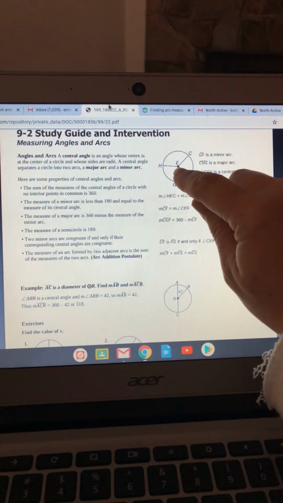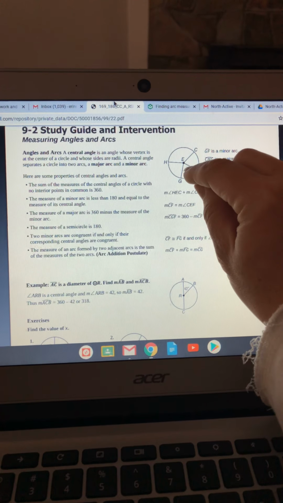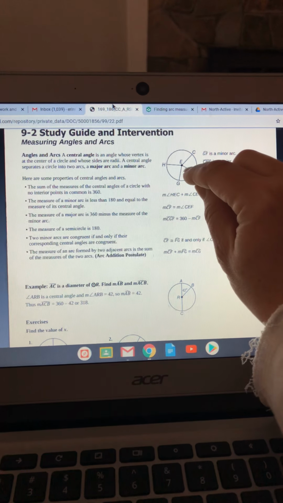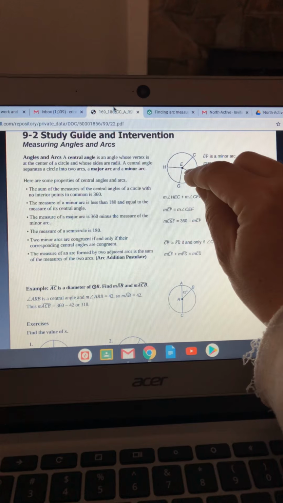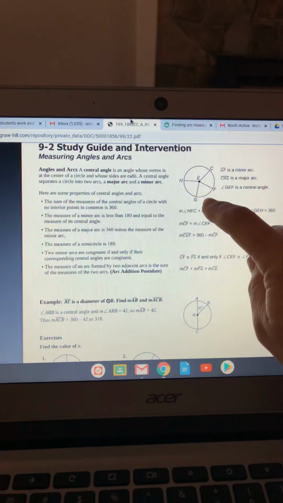When they say central angle, here's your center of the circle, and the angle in the center is your central angle. So if we were to put a little half circle here and mark it as 42 degrees, then it would be 42 here as well.